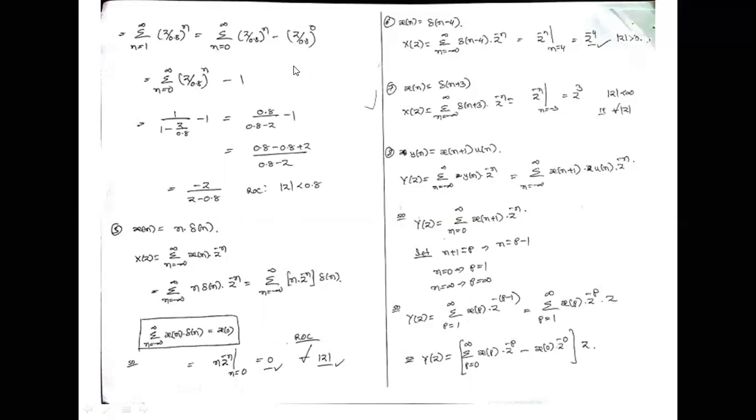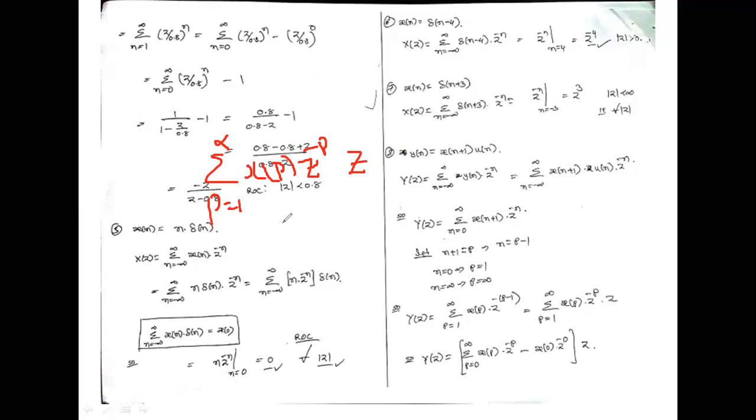So actually, how did we get that function? See, the sum of p is equal to 1 to infinity x of p z power minus p into z.